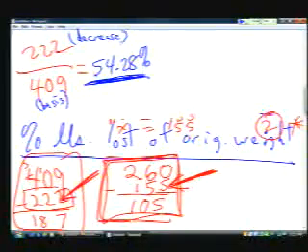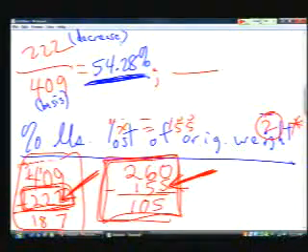The young lady, the young anorexic lady, we put what over what? Rachel. What over what? See, for the guy, we took his decrease, 222 pounds, divided by the original, 409.